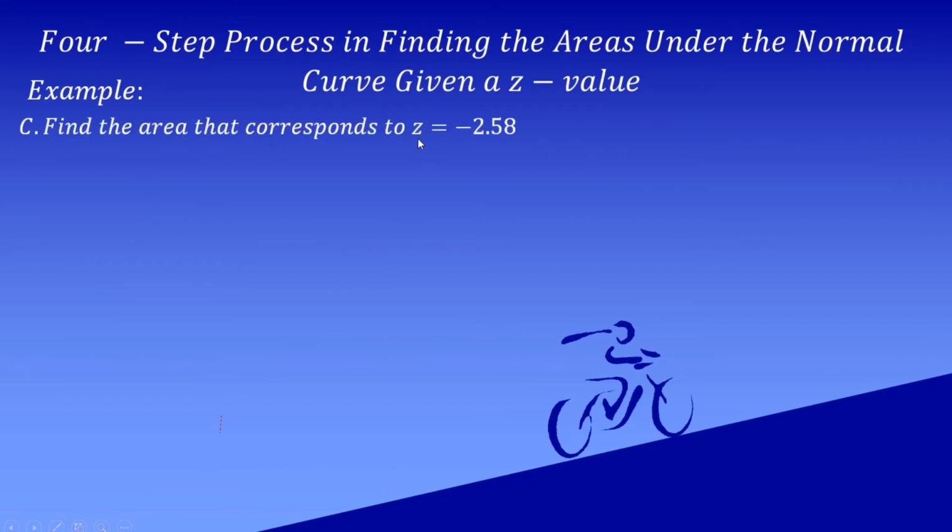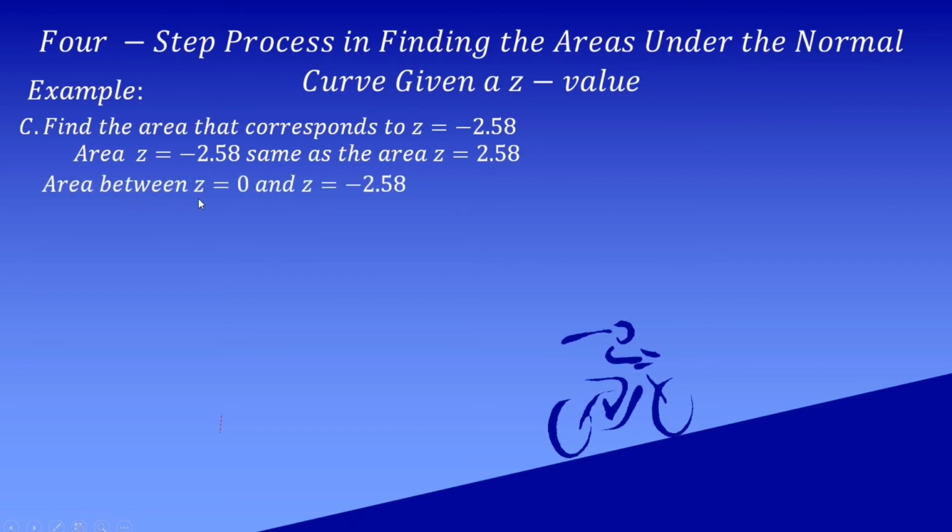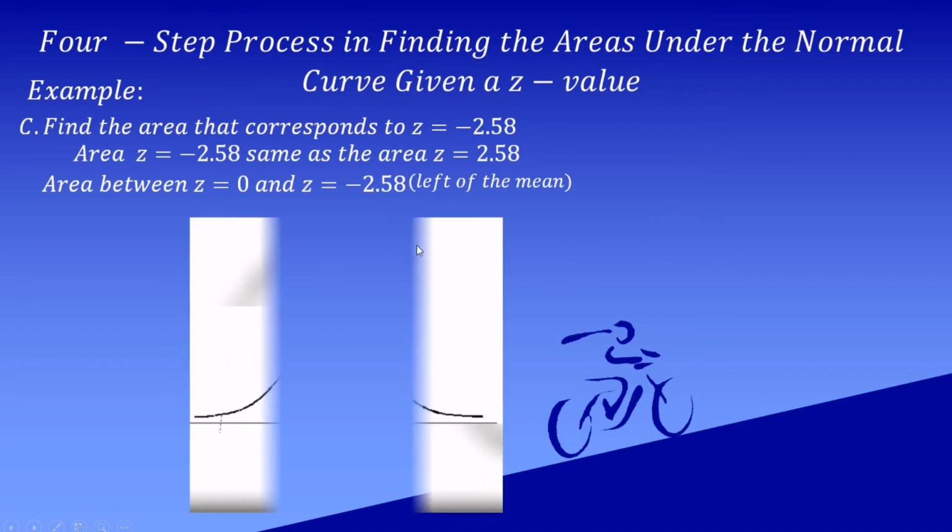Another example, find the area that corresponds to z equal to negative 2.58. We are using here a negative z value. The area that corresponds to z equal to negative 2.58 is the same as the area that corresponds to z equal to 2.58, again the area between z equal to 0 and negative 2.58.